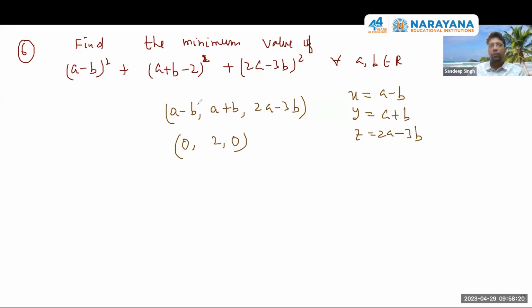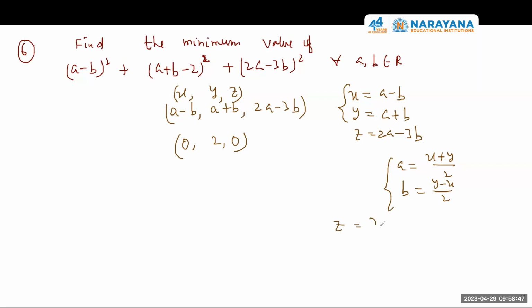So this is the distance formula. This I have taken as x, this as y, this as z. So this is a moving point on a plane that I can identify from this. So let us calculate a and b from here. So a will be x plus y by 2 and b will be y minus x by 2. Is that what you have done, Sai Rishi?